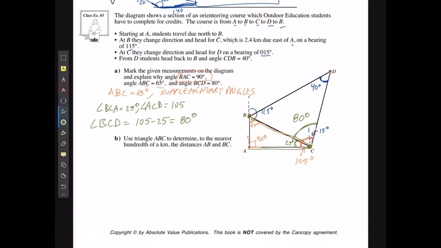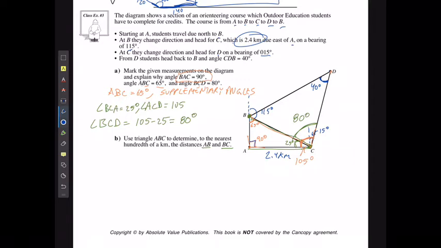For part B, use triangle ABC to determine to the nearest hundredth of a kilometer the distance between AB and BC. Well, let's add in some of the information we know for the distances. It says that from A to C is going to be 2.4 kilometers. So if I want to figure out what A to B is, well, this is just a right angle triangle. There's a whole bunch of ways that we can approach this.